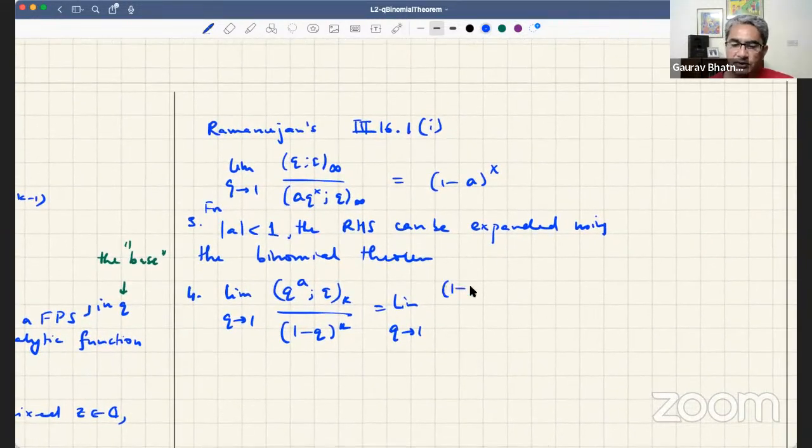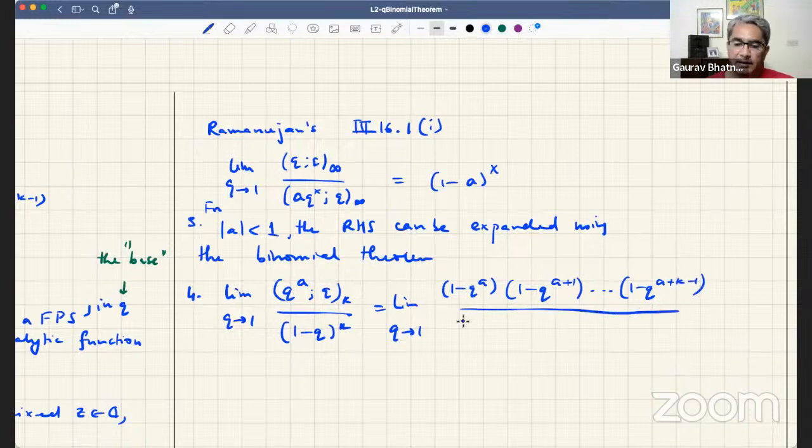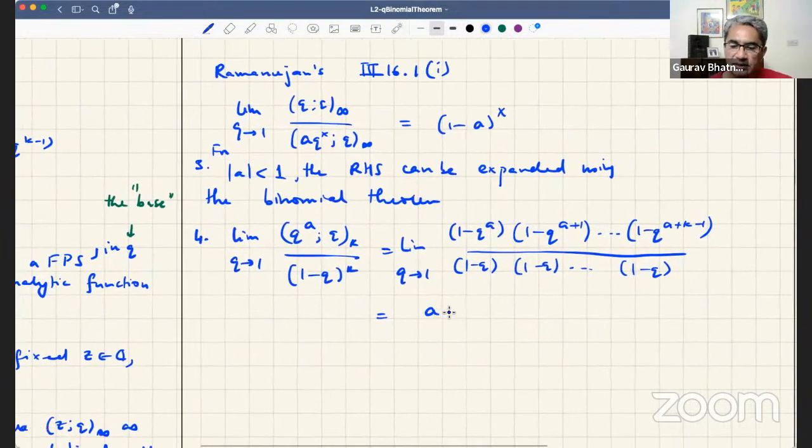On the top you have 1-q^a, 1-q^(a+1), and so on up to 1-q^(a+k-1). And at the bottom you have 1-q, 1-q, and so on. And each of these, you can take the limit.